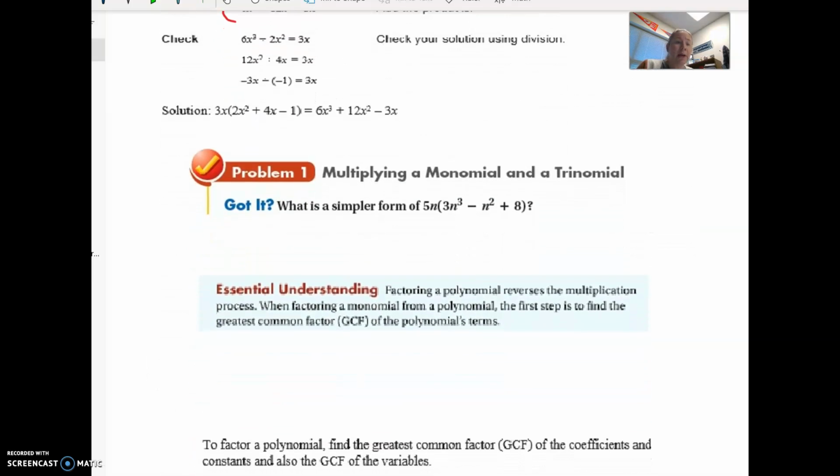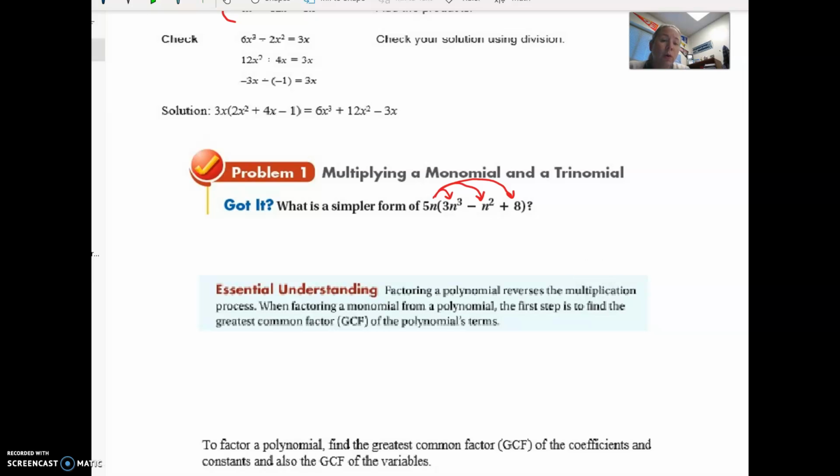So let's try another one. And again, if you'd like to pause and try it yourself first, awesome. I'm going to go ahead and work through this real quickly. In this problem, of course, we're just going to be using the distributive property to multiply that through to every term.